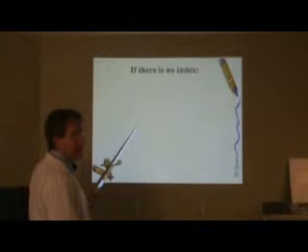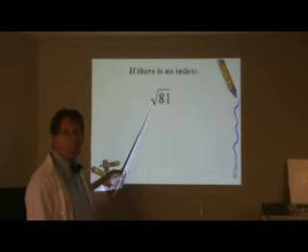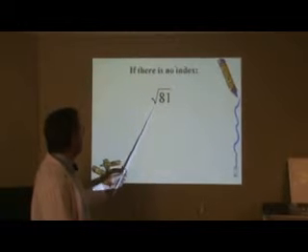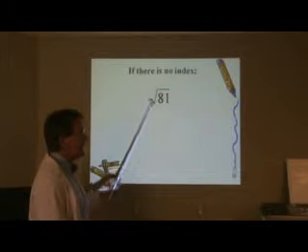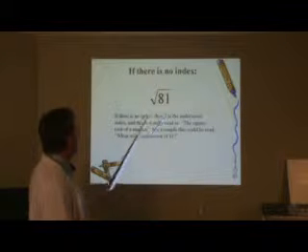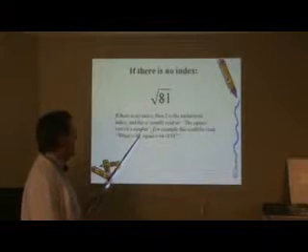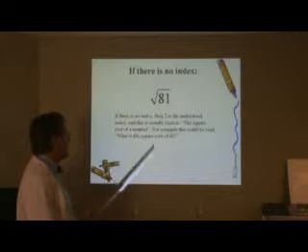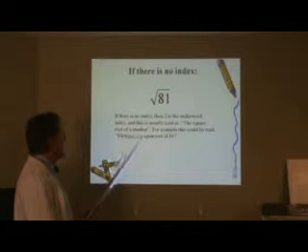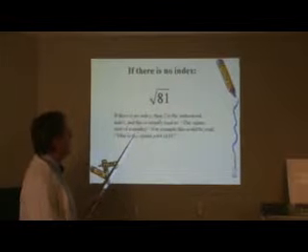If there is no index, that is to say, if you just have the root sign but no number here, it is understood that the index is 2, because that's the one we normally use. And this is called the square root of a number as well. For example, this one could be read as the square root of 81.